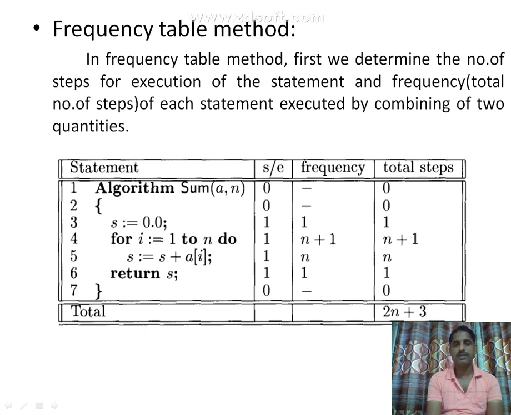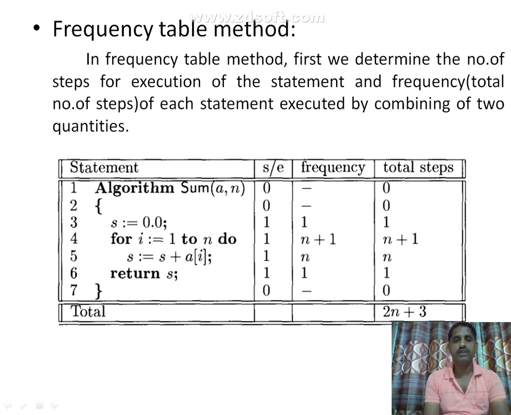So 6 steps are completed, then it is checked against the n value; since n is not more than 6 it terminates, and s = s + a[i] is not executed. So for i = 1 to n is n + 1, then s = s + a[i] is n, and return is 1. Therefore 1 + (n + 1) + n + 1 equals 2n + 3 times the statements will be executed.